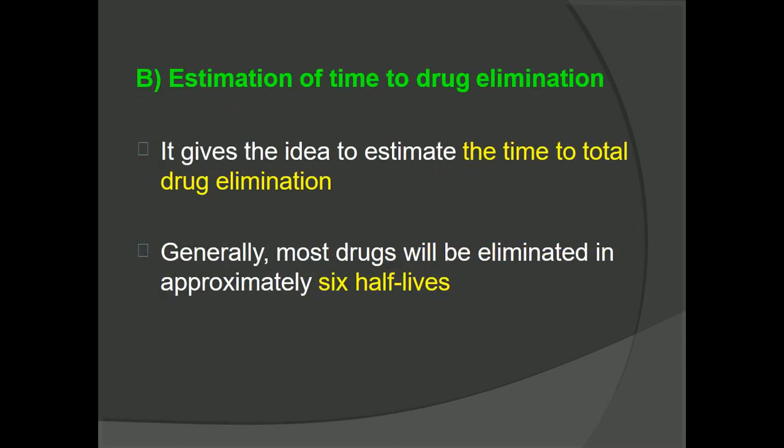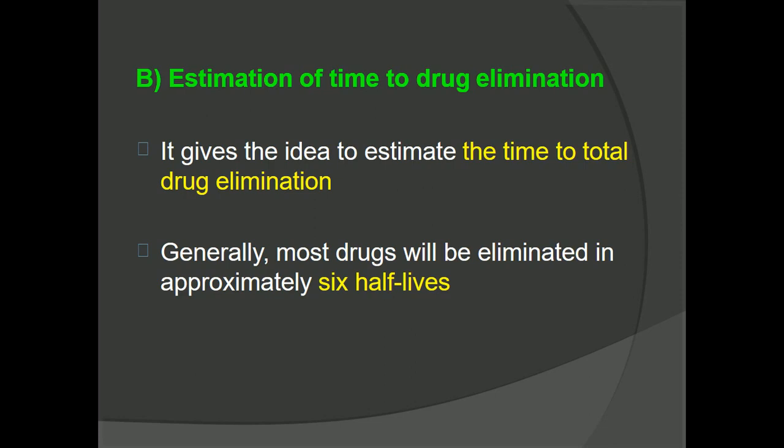The second one is estimation of the time to drug elimination, that is, how much time the drug will take to be eliminated. With the help of half-life, you can easily determine when the drug can be eliminated from the body.